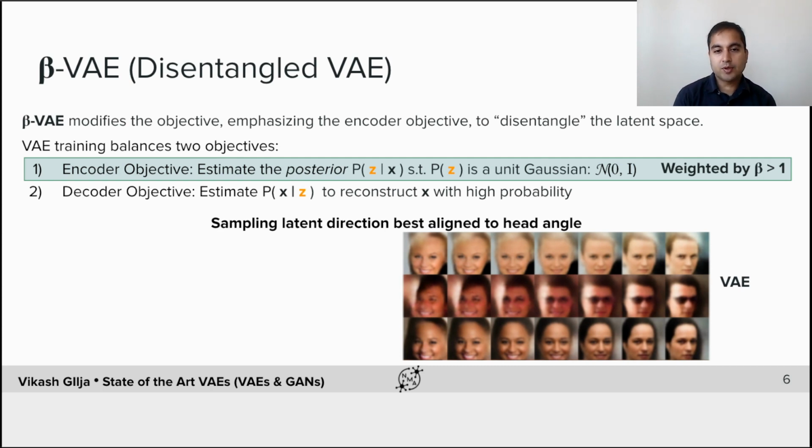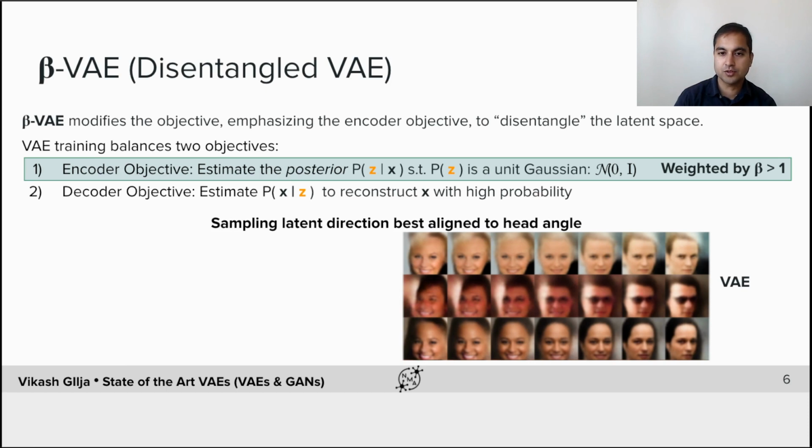So using a celebrity face data set, we can train a VAE, and then within that VAE, we have a latent space. In that latent space, we can find the latent direction that best aligns to the angle of the head, right?